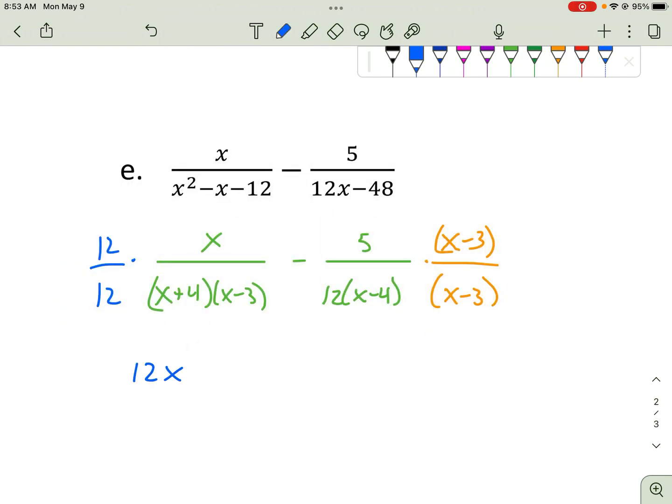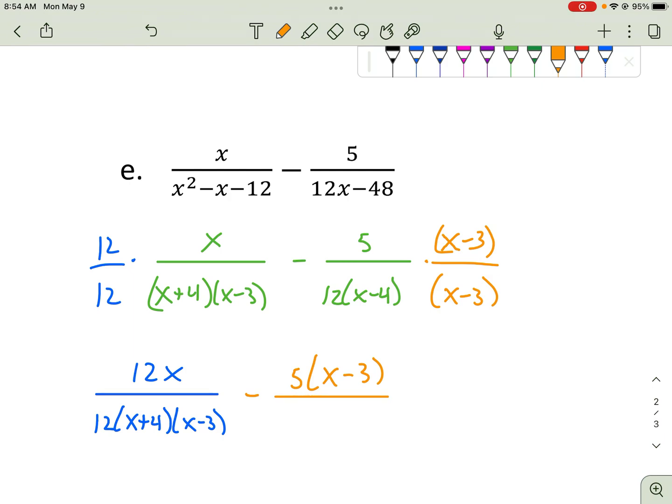First one turns into 12x on top over 12 times x plus 4 times x minus 3. And then we have minus 5 times x minus 3 over 12 times, oh, hold on, I messed something up, sorry. This should have been x minus 4, x plus 3, thankfully, because otherwise this would have been way more difficult.